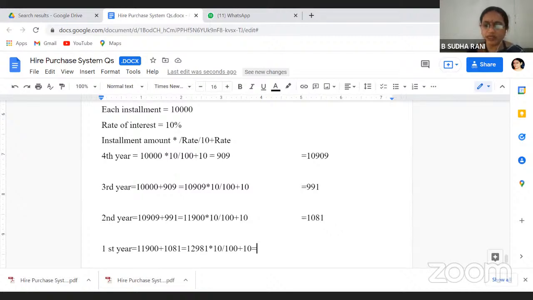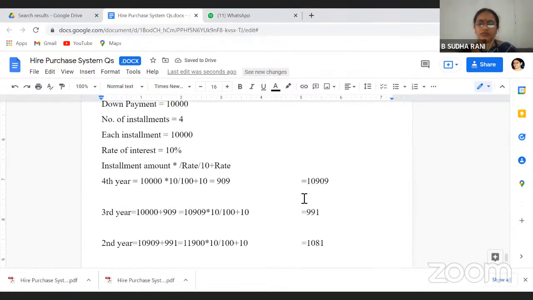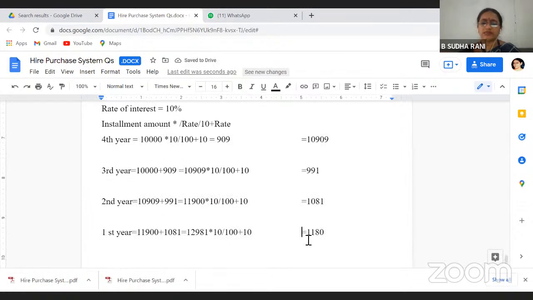Yes, 1,180. Okay, you did it very good. 1,180 is the first year. So now add all these cash balances.